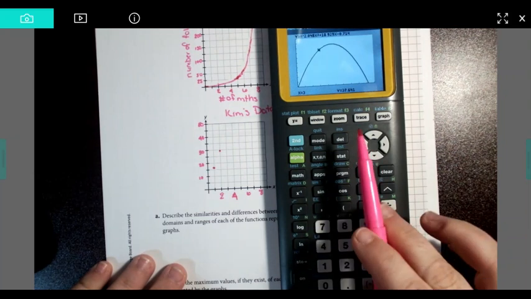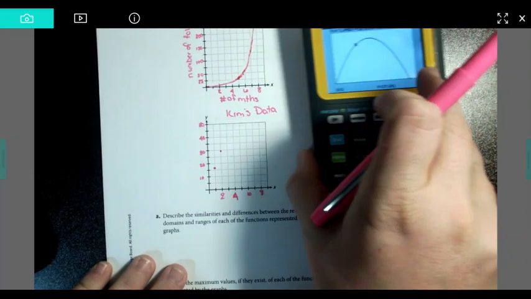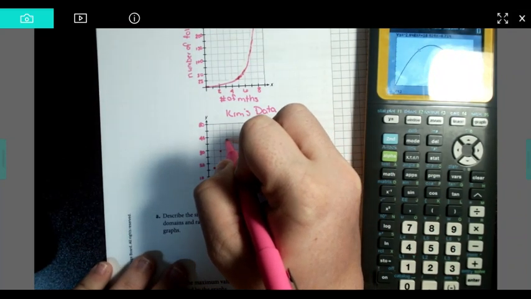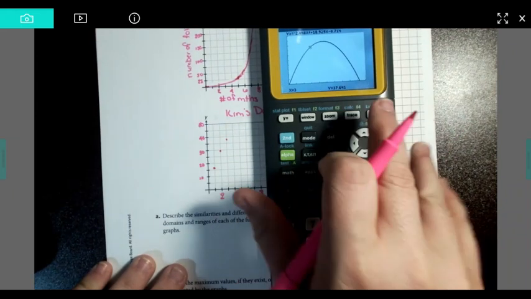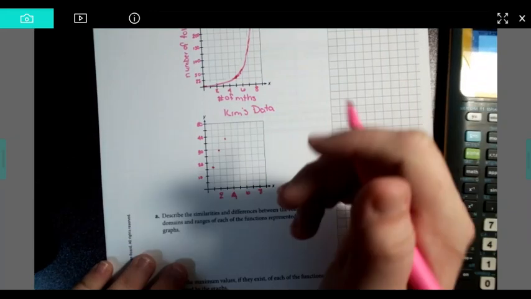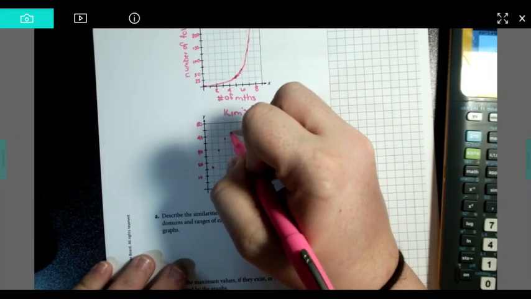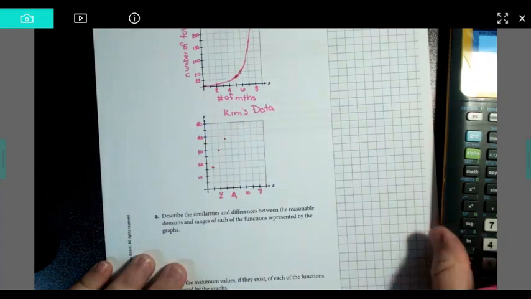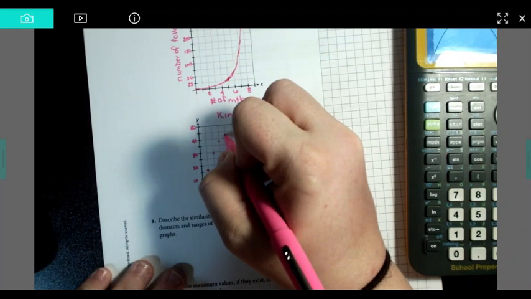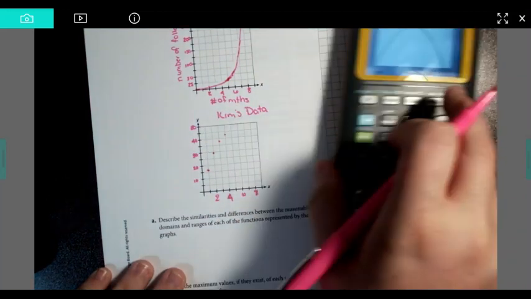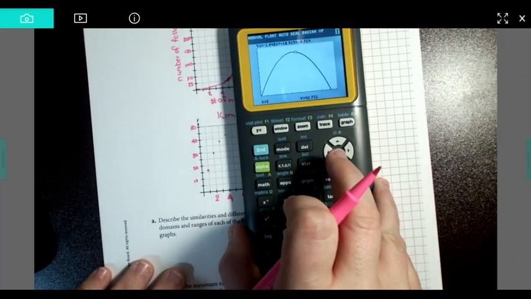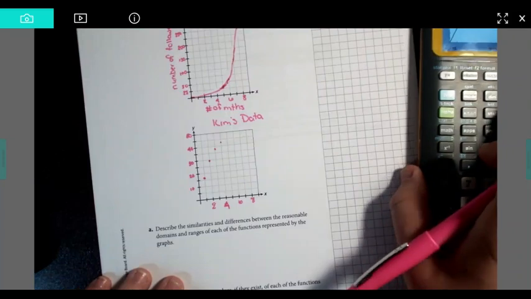Okay, at 3, we've got approximately 37.6. At 4, we've got 42.2. At 5, we've got 42.7.